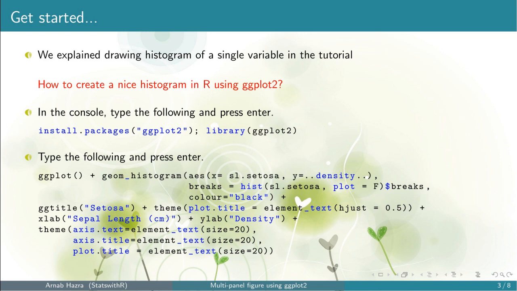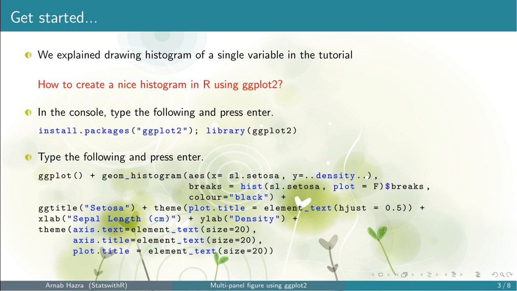Then to set a title, say Setosa, we add ggtitle Setosa within quotes. Theme plot.title equals to element_text hjust equals to 0.5. This places the title at the top center. Then xlab sepal length in centimeter within quotes. This adds the x-axis label. Then ylab density within quotes.